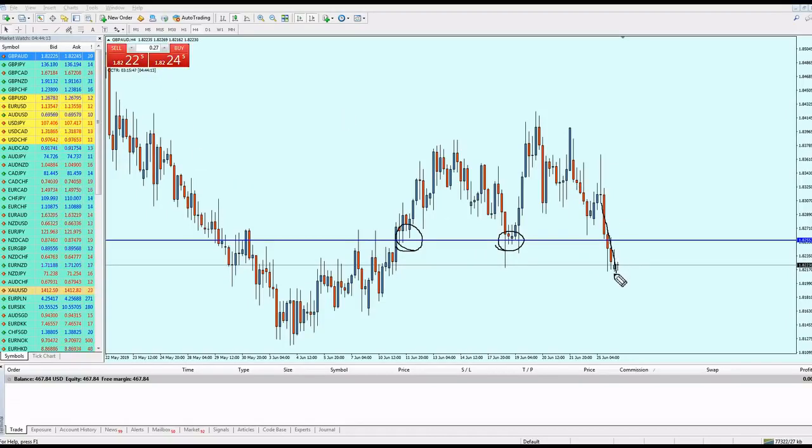So if I want to make any entry here, it's really advised that I wait for the pair to go more up, hitting this previous resistance level, and then on this resistance I can actually start selling the GBP AUD. Now the problem with this pair is it's right now ranging on this support level, and that's why I don't think it's a good idea to place any trade right now.